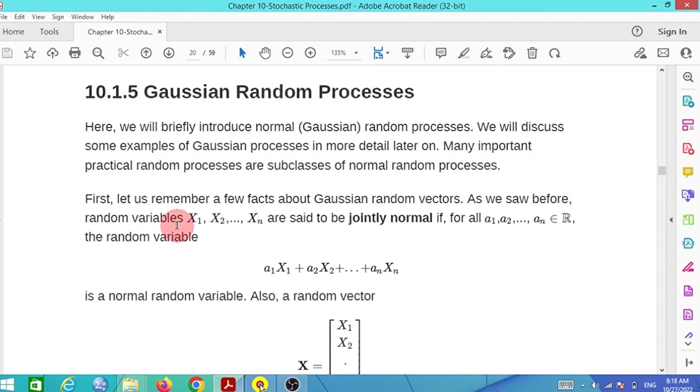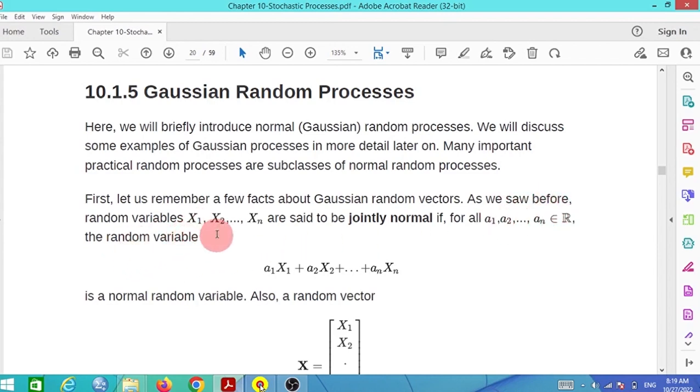First, let us remember a few facts about Gaussian random vectors, as we saw in previous chapters, chapter 3, chapter 4, and so on.